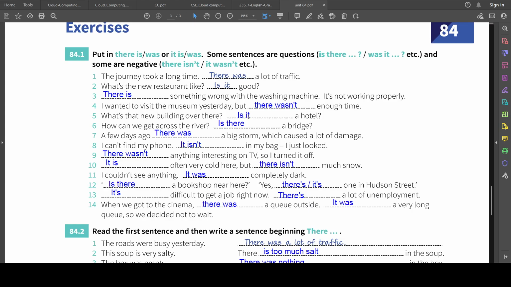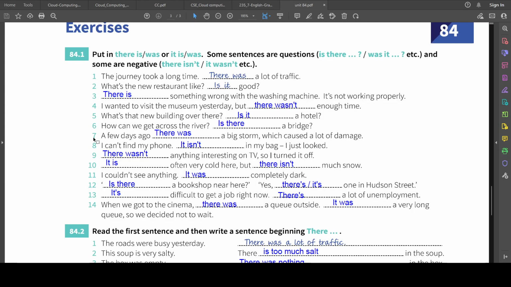So in that case, that building is a hotel, it's asking, you know. The next one, how can we get across the river? Is there a bridge? So we are asking about the existence, like is there a bridge? Does a bridge exist or something like that?